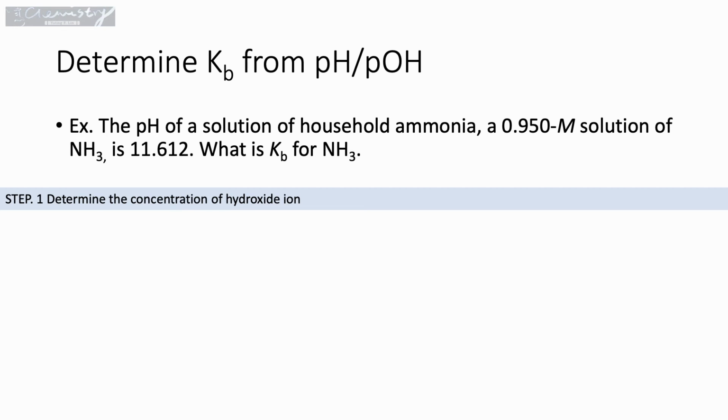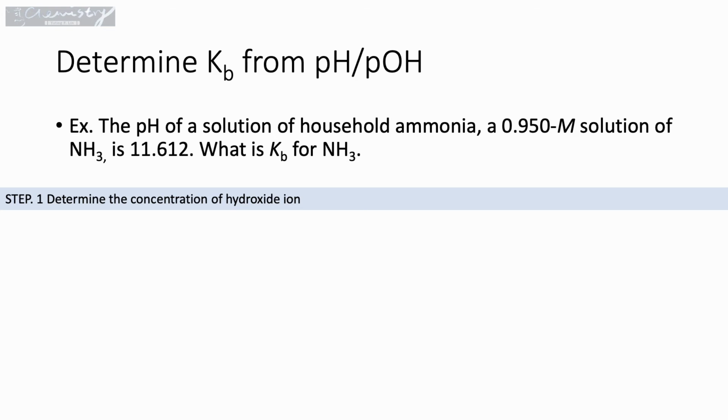The pH of a solution of household ammonia, a 0.950 molar solution of NH3, is 11.612. What is the Kb of NH3? So the first thing we know that we have to do, because we're looking for Kb, is to start by writing the expression of ammonia with Kb.